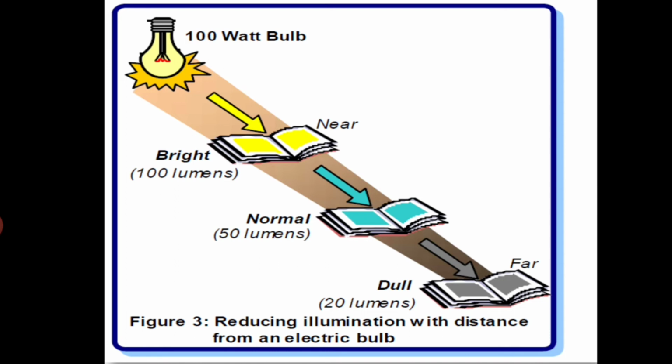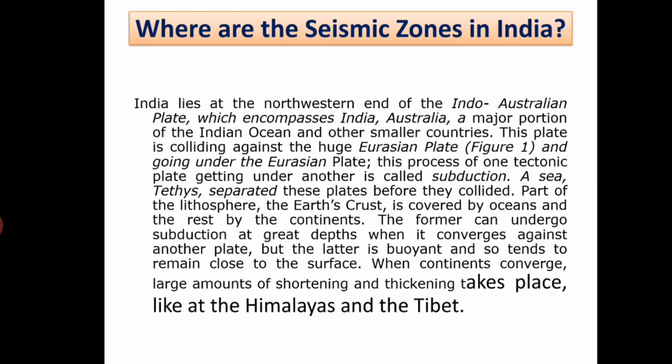So there was a very severe intensity near Bhuj. If we travel to our Saurashtra region like Rajkot, Junagadh, the intensity decreases with the distance from Bhuj. So these are the main terminology and differences between magnitude and intensity.